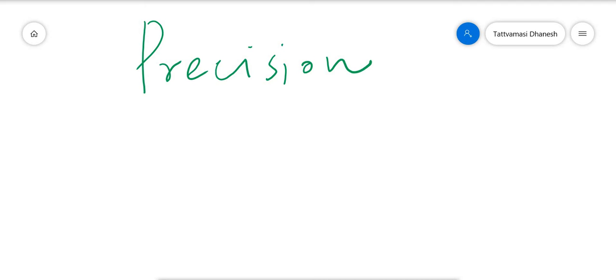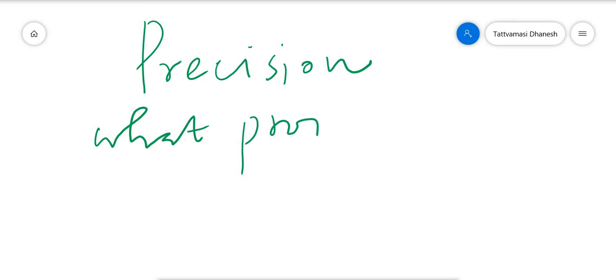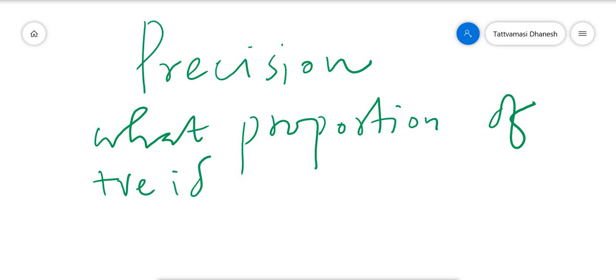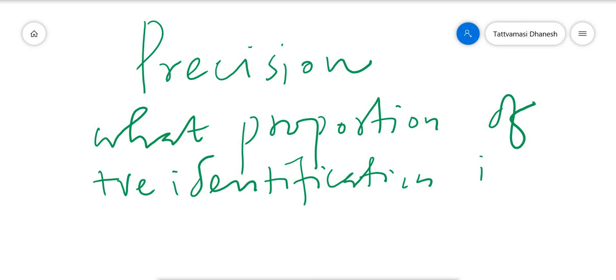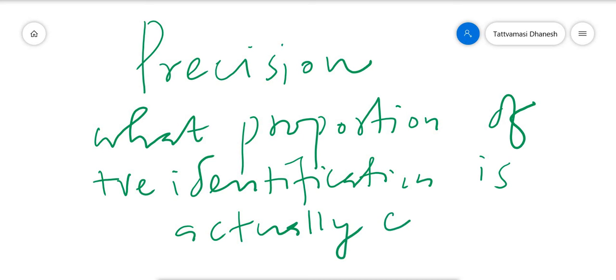This is what precision tells: what proportion of positive identifications is actually correct?